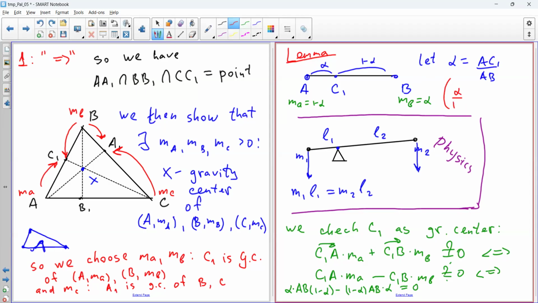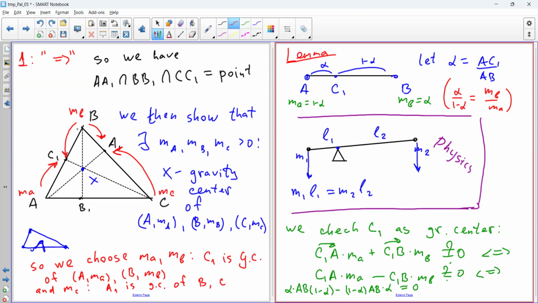Alpha to 1 minus alpha would be equal to MB over MA here. So basically the ratio of segments would be a crisscross ratio of the masses.